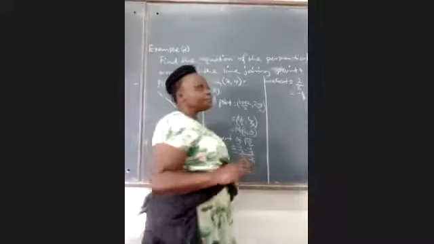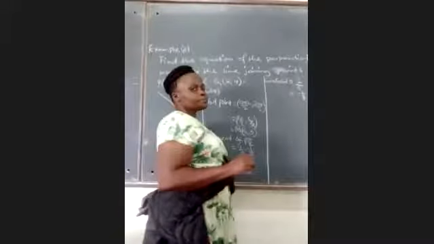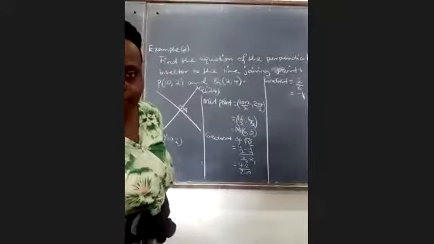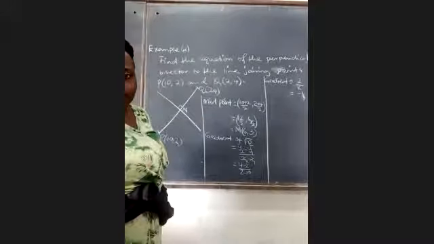Next. Mr. Sam, I can see hands up. There is Tangaza. Next we shall be finding the gradient of the perpendicular bisector, which will be m1 times m2 is equal to -1.